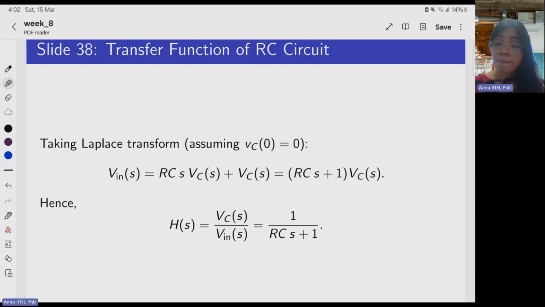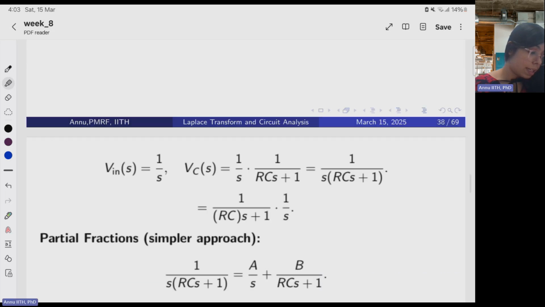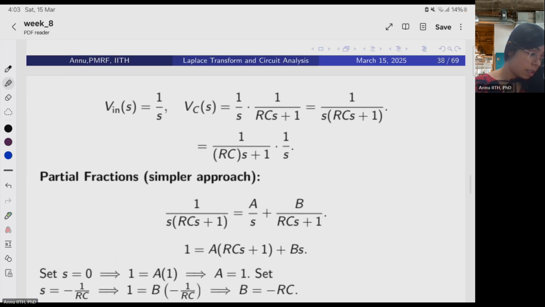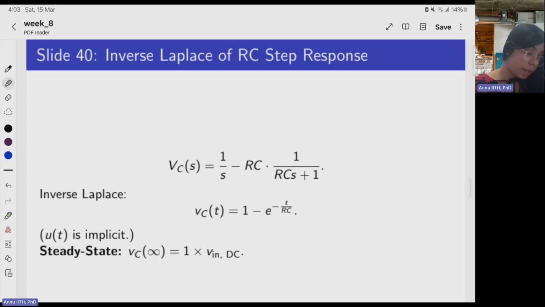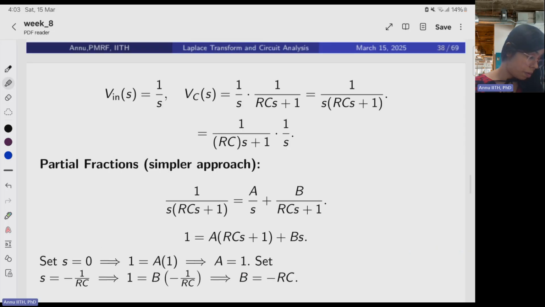It is a simple exponential, e power minus 1 by RC t. So by partial fractions, solving it, you get VC of t equal to 1 minus e power minus t by RC. For the steps, you just see this.